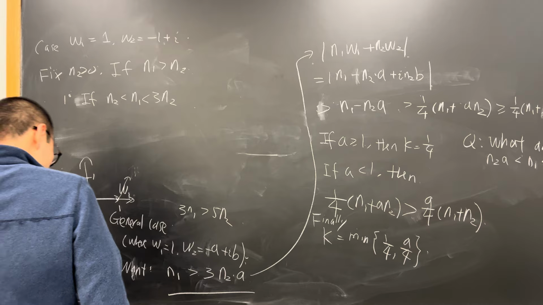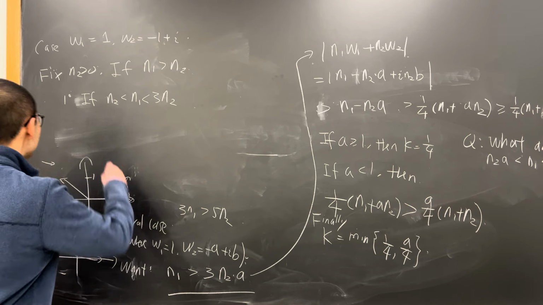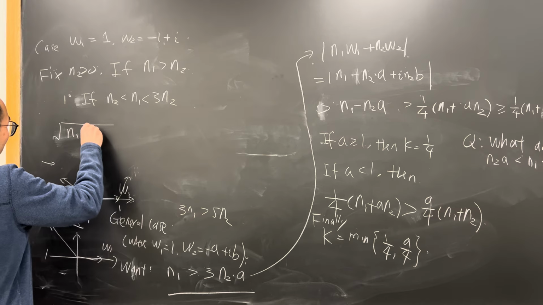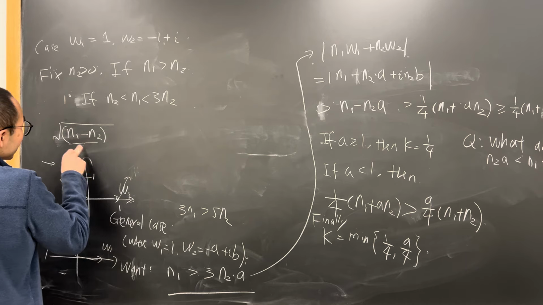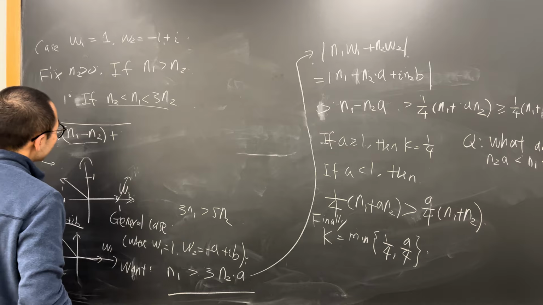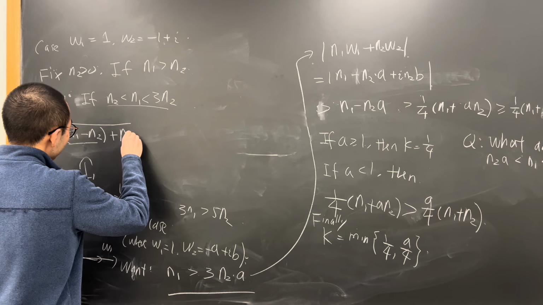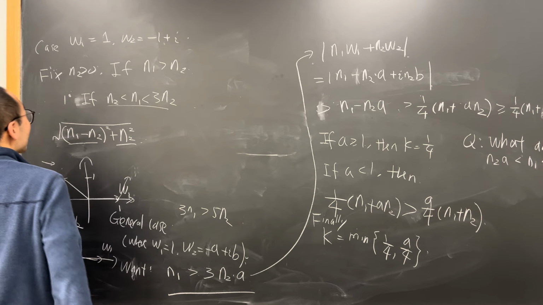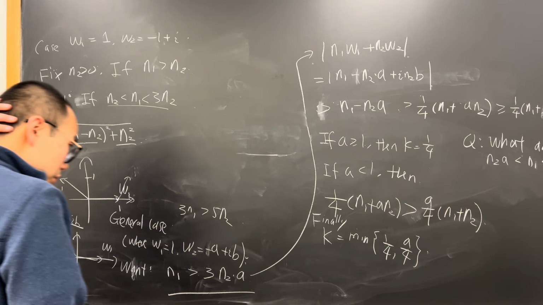So then, I think the idea here is that because we know that this is bounded, we don't look at this case. Now what we do is look at this term, the imaginary part, the N2.